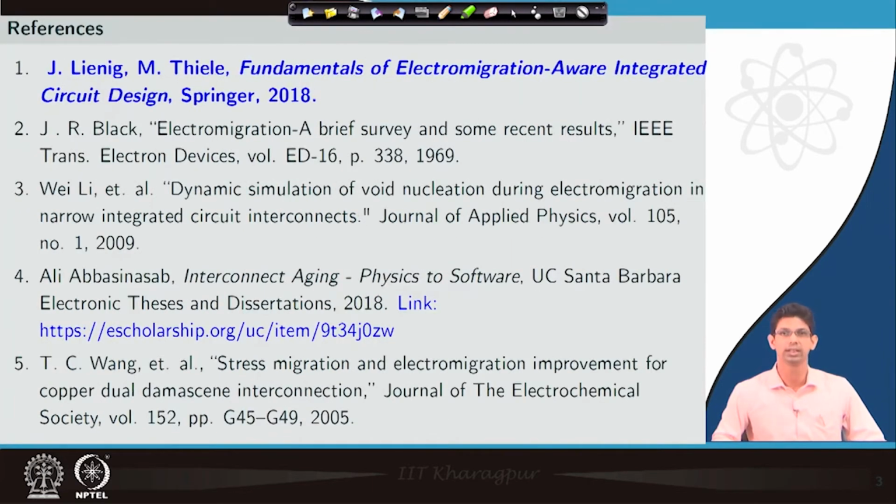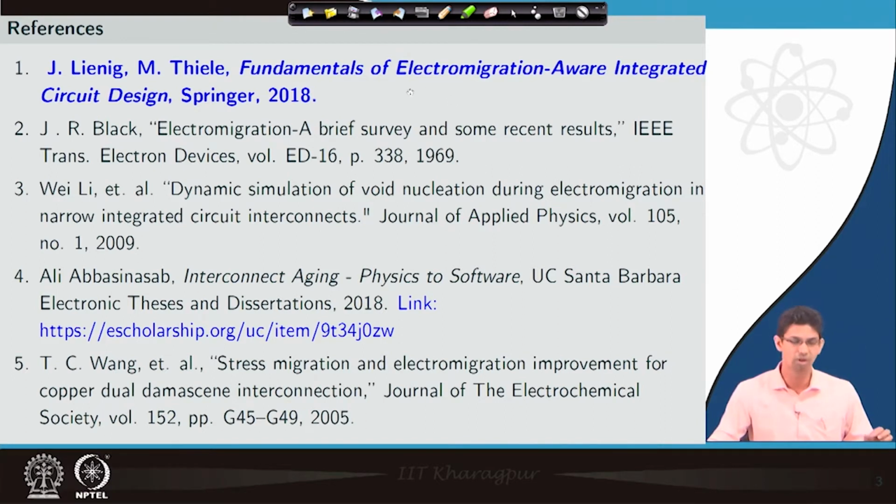So, this lecture will be heavily based on images and figures which I have borrowed from various sources. To start with, I want to give you the references. This is not an exhaustive list of references on electromigration. There is a large body of literature available. However, these are the references from where I am borrowing some images and figures in this lecture.